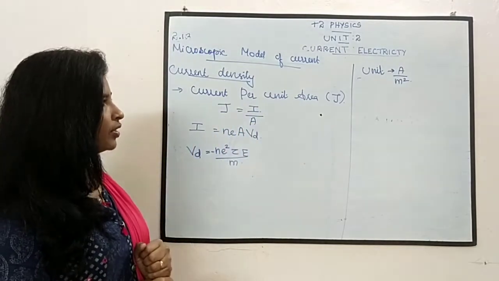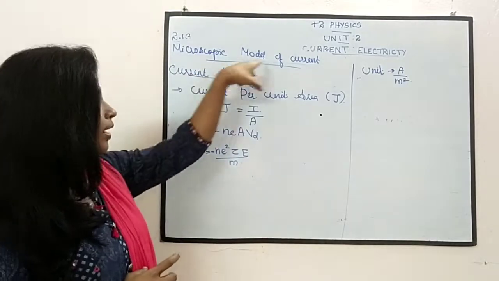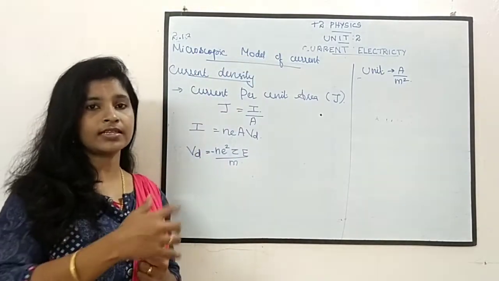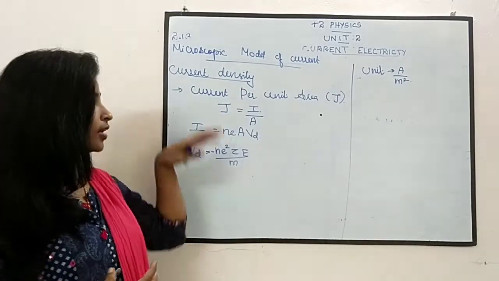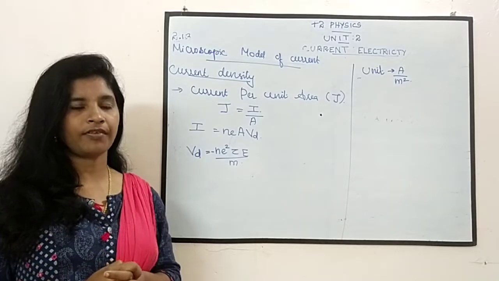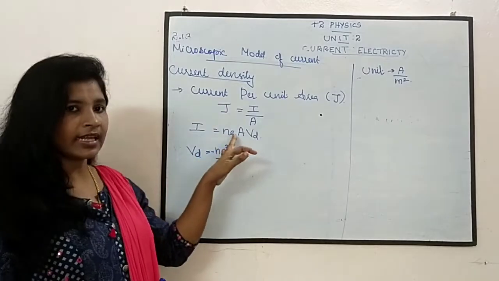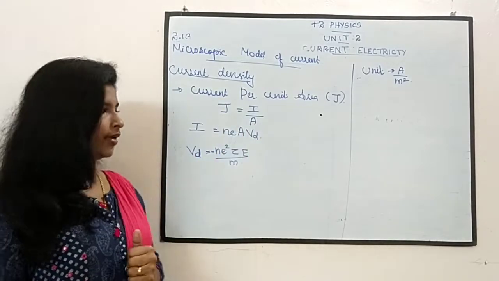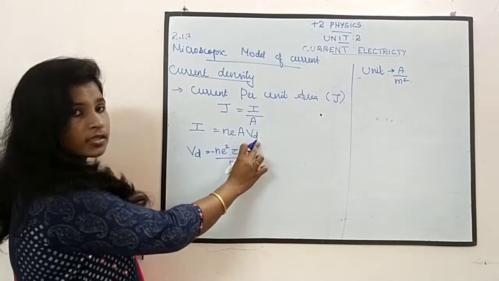So already we have derived the value of current in terms of drift velocity, because we are studying the microscopic model. So we are considering all these things. We are not taking current and resistance. Okay, we are thinking about the drift velocity. In terms of drift velocity, we are defining it. Okay, so write the current value. I is equal to NEAvd. Already we have derived. Okay, substitute that value. Also you know what drift velocity is.